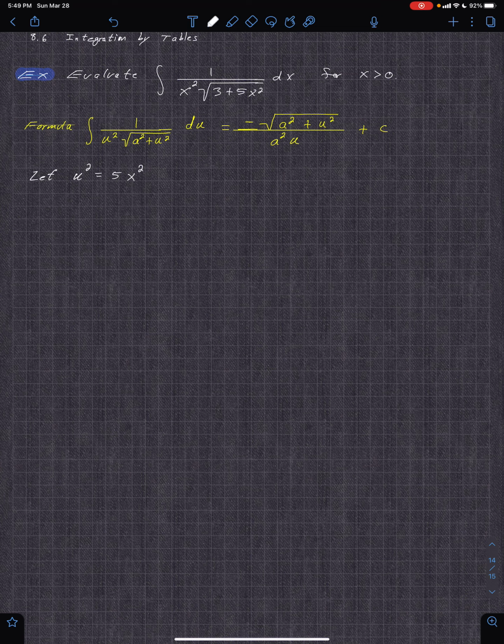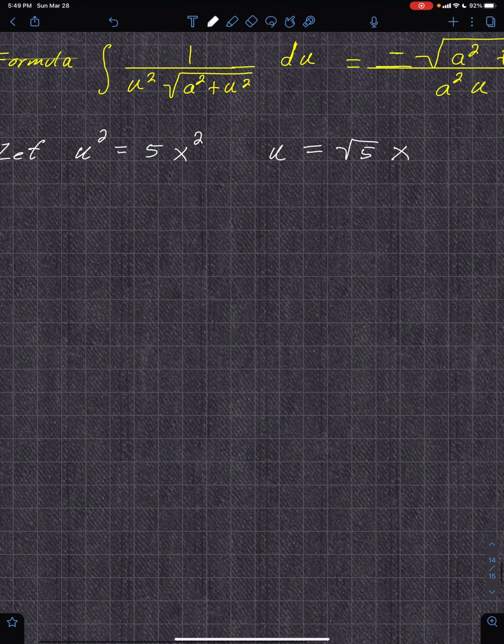So then my u is equal to the square root of 5 times x. And then my a squared would equal the 3. So we see that a squared is equal to 3.